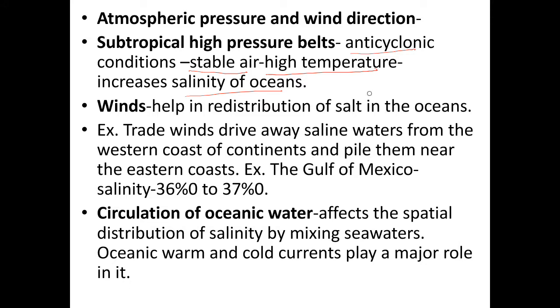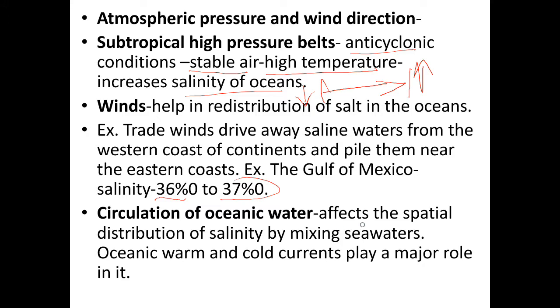So where the saline water is driven away, the salinity will decrease, whereas where the water piles up, salinity will increase. For example, the Gulf of Mexico ranges between 36 per thousand and 37 per thousand because of the piling of water from one region to another.